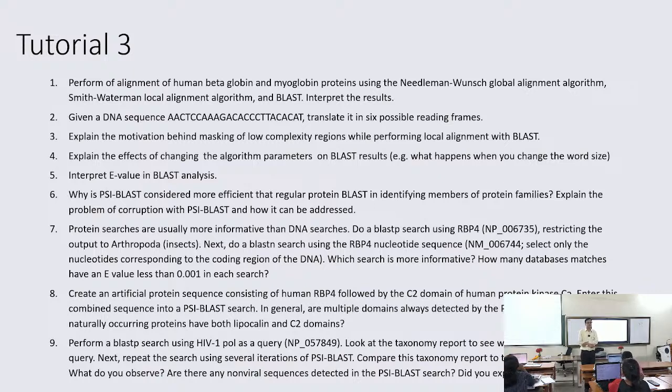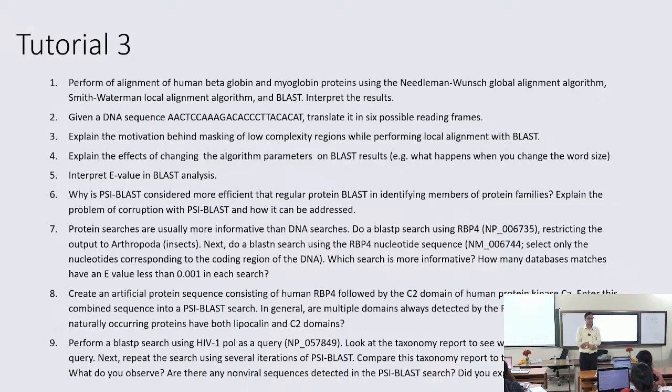What is the corruption problem in PSI-BLAST? Why could that arise? Yes, good. In PSI-BLAST, all previous results are frozen, they are included, they are always there.